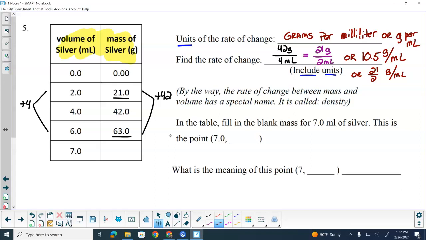So, here now. If I add 1 milliliter, what's going to happen on this side? It's not going to double. Get that out of your head.